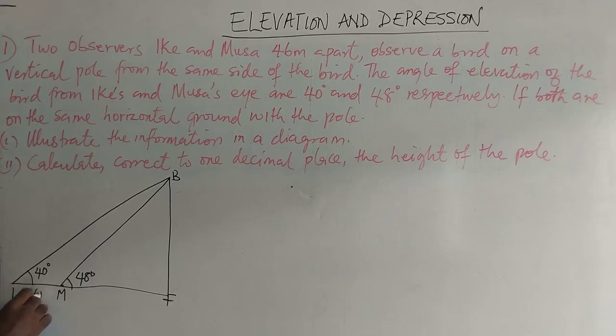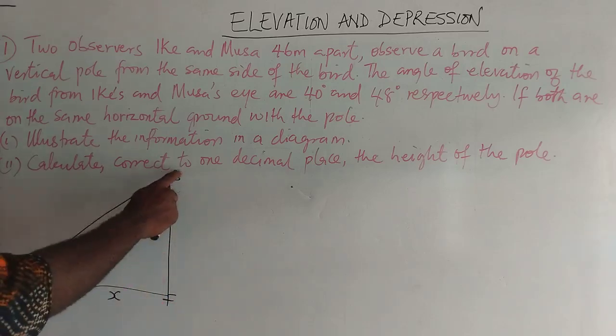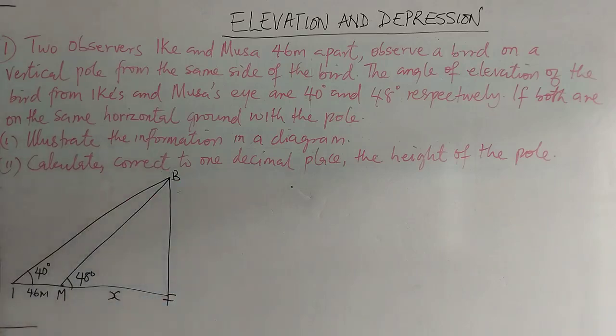So 46 meters here, that's the distance between Ike and Musa. Then between Musa and the foot of the pole, we are not given the measurement, so we can use x to represent that. The height of the vertical pole, which is BF.